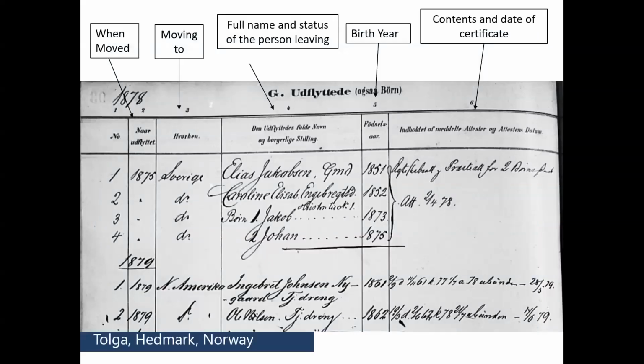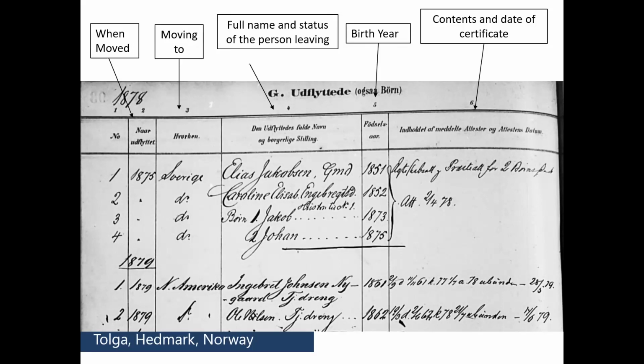So here's a pretty typical moving out record. It's from 1879. So here's a little bit of translation from the headings here. So we have the year the person's moving, 1875 here. They're moving to, so this first family here is moving to Sweden. The full name and status of the person leaving.